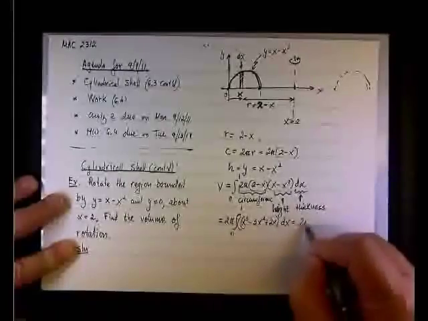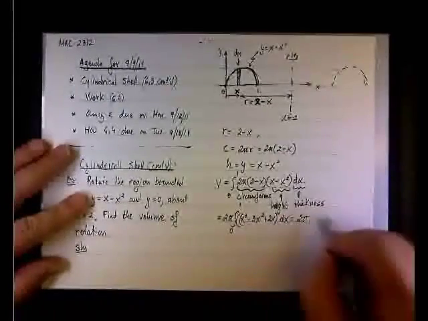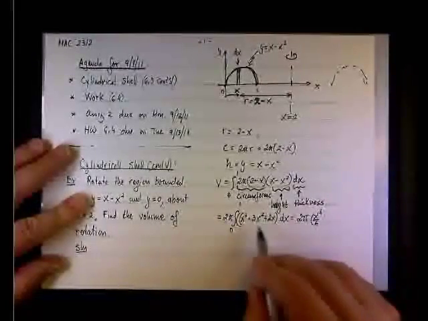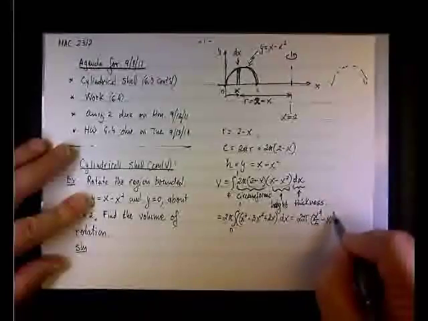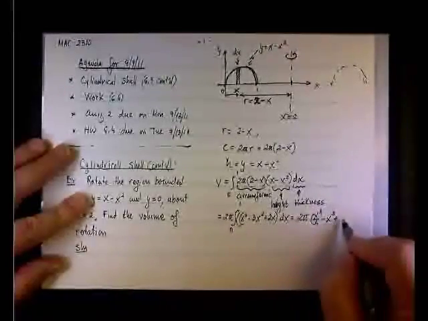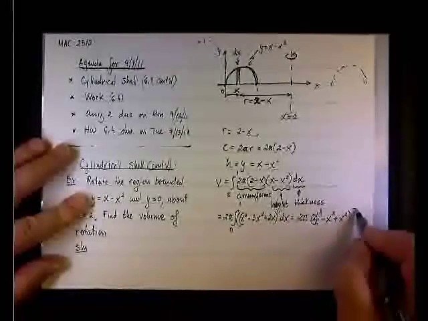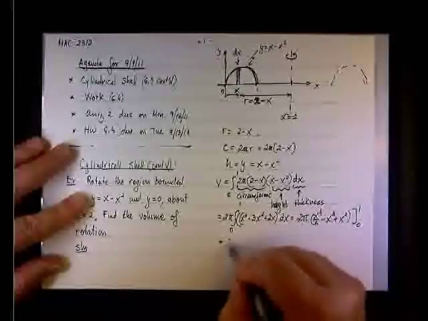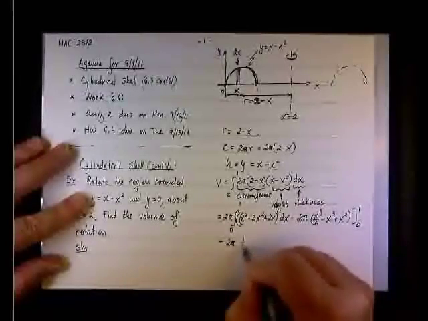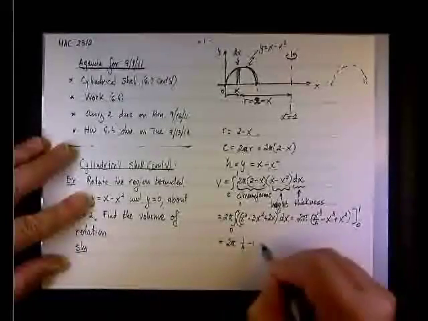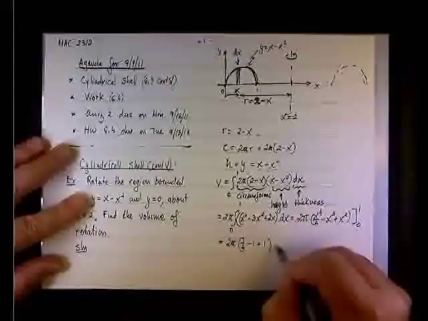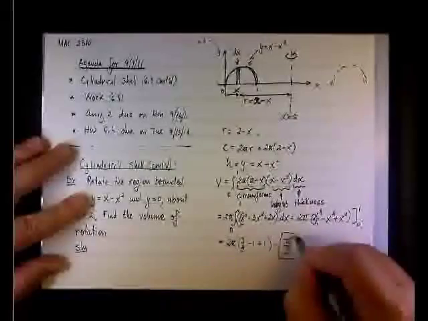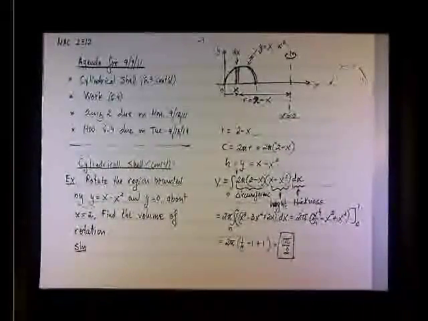At this point, the antiderivative will give you x to the 4th over 4, and then 3x cubed over 3 gives you simply x cubed, and 2x squared over 2 gives you just x squared. And this needs to be evaluated from 0 to 1. So all we need to do is deal with the fraction: 2 pi, and then we have 1/4 minus 1 plus 1. Can't get easier than that. Or 2 pi times 1/4, or pi over 2, and that will be the volume.